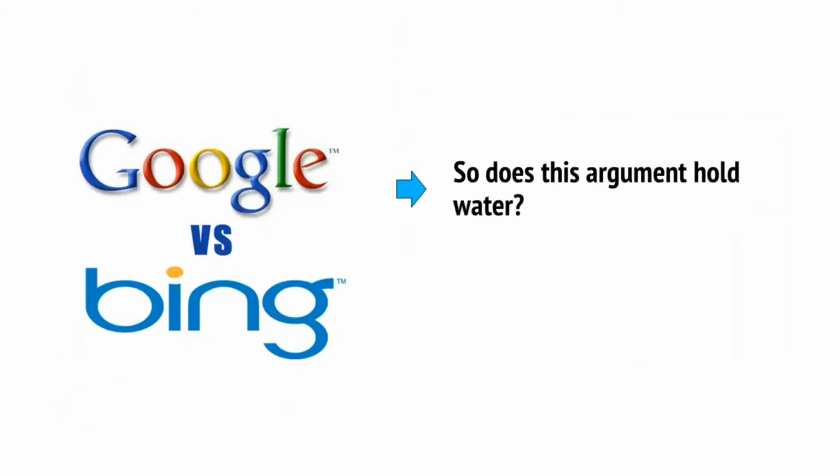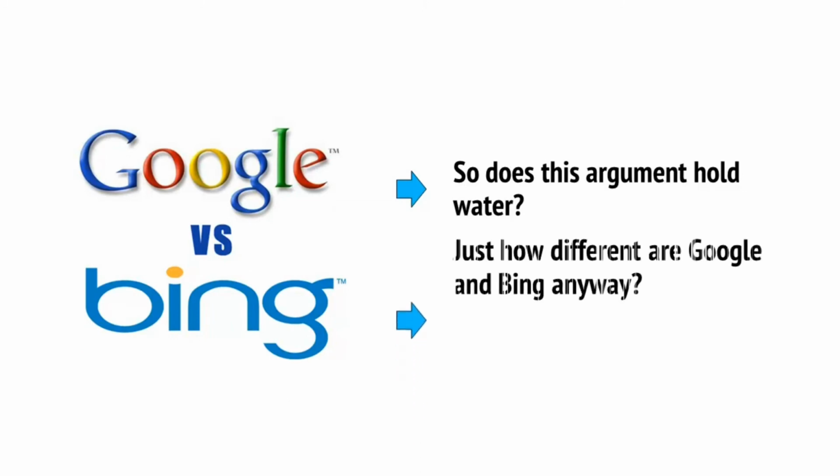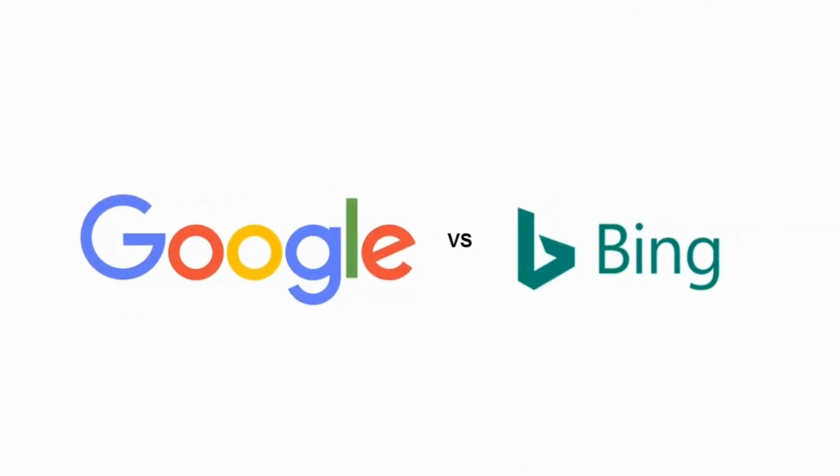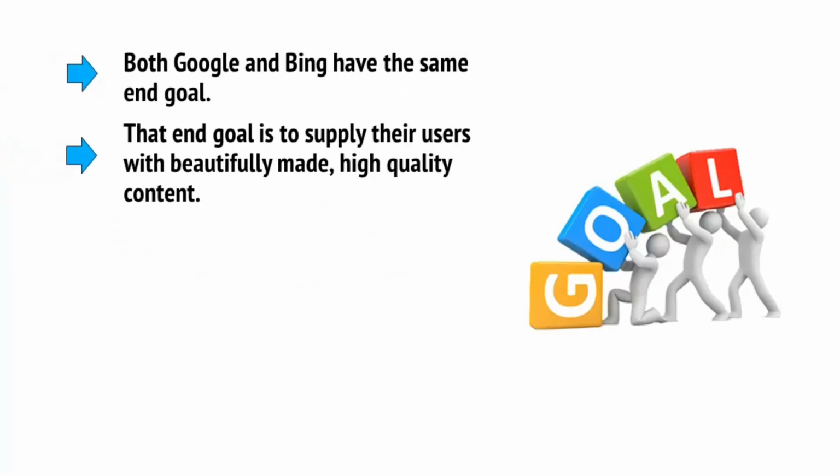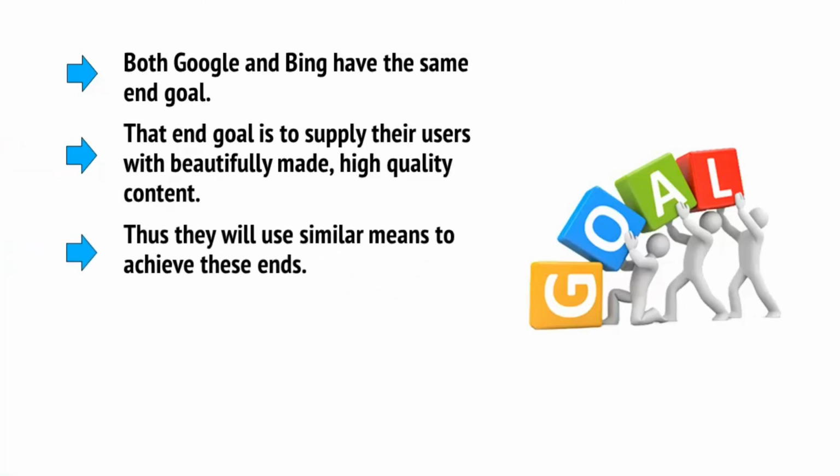So, does this argument hold water? Just how different are Google and Bing anyway? Well, it's certainly true that a lot of your SEO practices are going to remain the same on Google and Bing. Both Google and Bing have the same end goal, and that end goal is to supply their users with beautifully made, high-quality content. Thus, they will use similar means to achieve those ends.